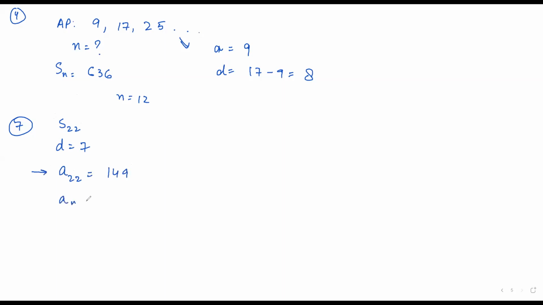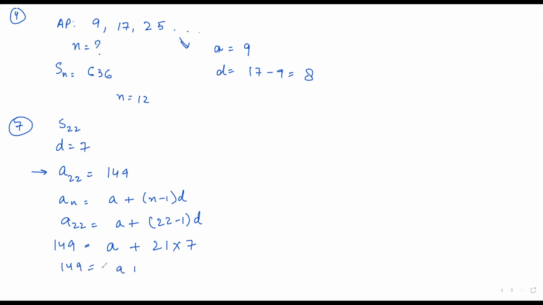You know that An is A plus n minus 1 into D, right? Now A22 will be A plus 22 minus 1 into D, right? Now A22 is given, that is 149 is equal to A, you don't know, plus 21 into D, which is 7, correct? So 149 is A plus 7 into 21, that is 147. So that will give you A is equal to 2, right?